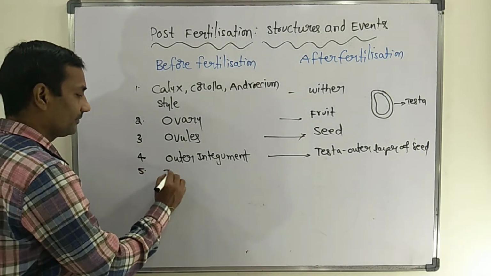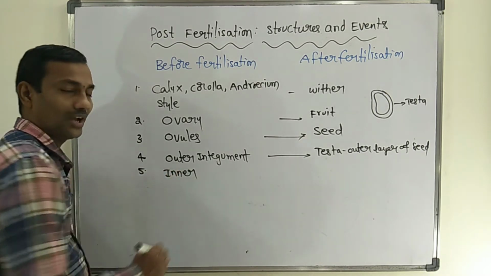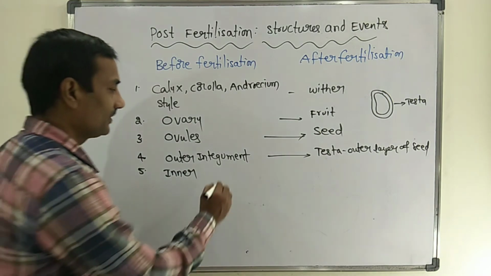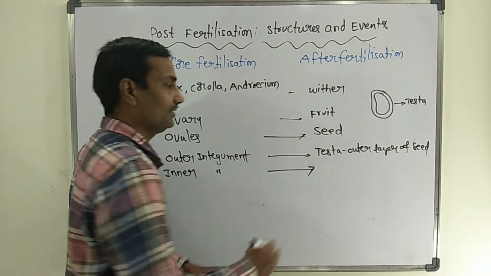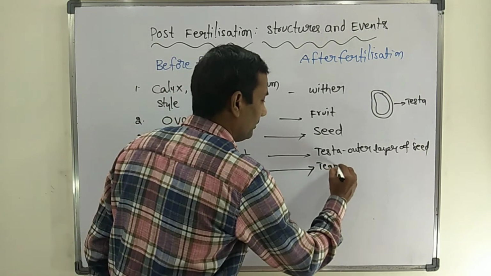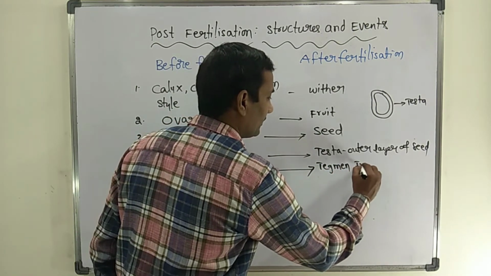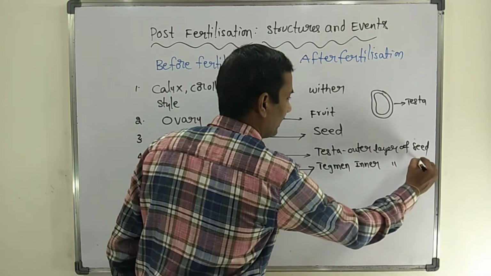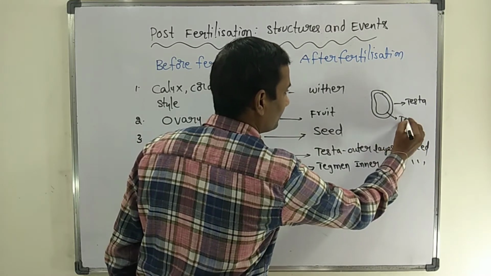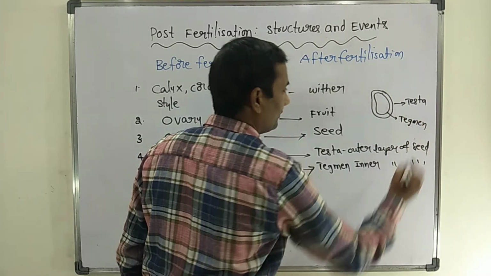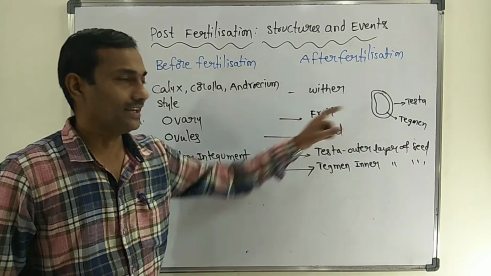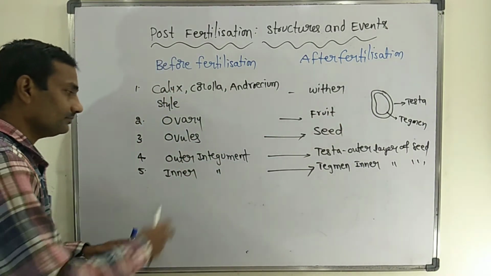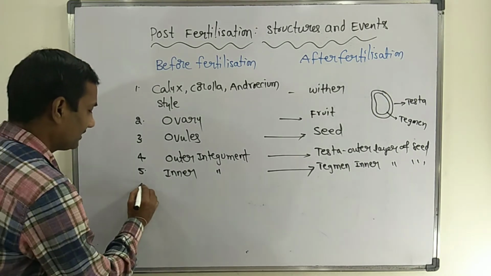Next, the ovule also has an inner integument. That inner integument modifies after fertilization into the tegmen, which is the inner layer of the seed. Here you can see clearly the two layers of the seed, but these two layers are formed because of both integuments.